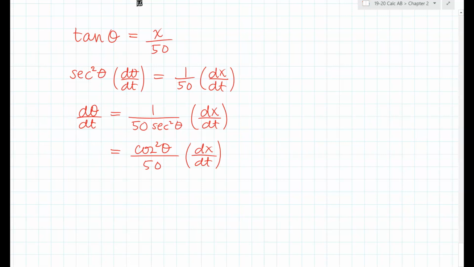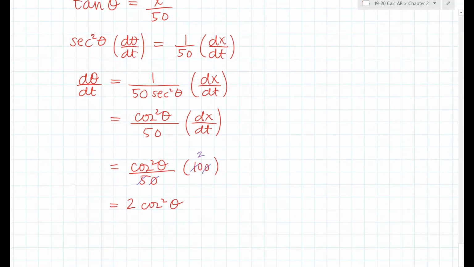So we have dx/dt, I can plug it in right now. Then we'll figure out what we do after. So we put cosine squared theta over 50 times 100. We're going to be able to cancel one of these things, and then the 5 will go away. That'll become a 20. I'm sorry, not a 20, it's just a 2. So we have 2 cosine squared theta.